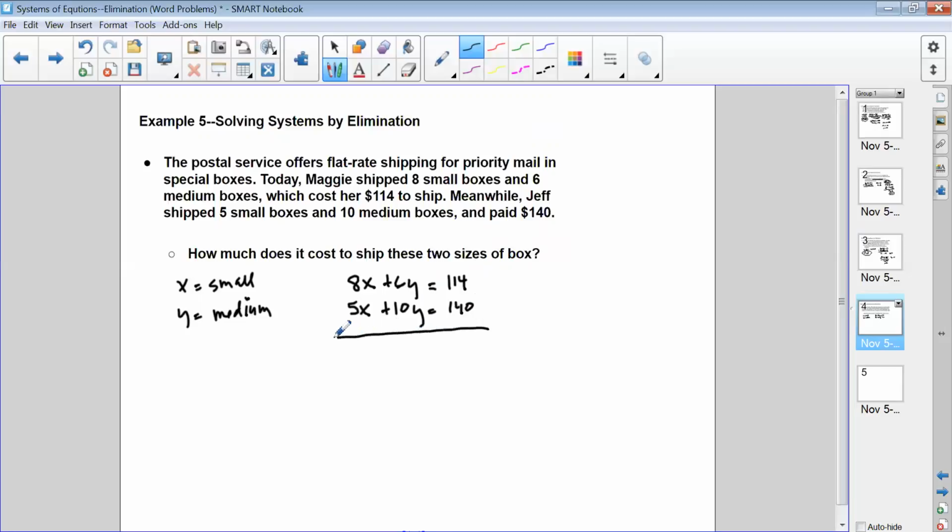So in this case, look at the coefficients. They're all different. So what I'm going to do is eliminate Y. I'm going to multiply the top one by 5 and the bottom one by 3 because I'm trying to make the 6 and the 10 become the lowest multiple, which would be 30.